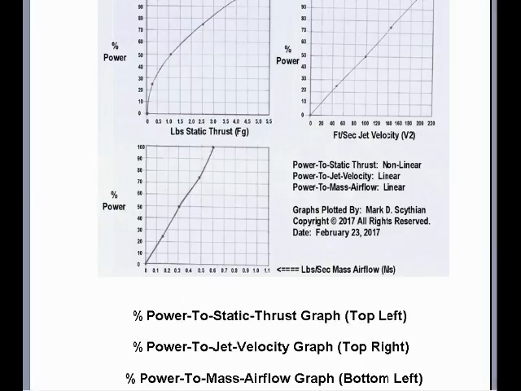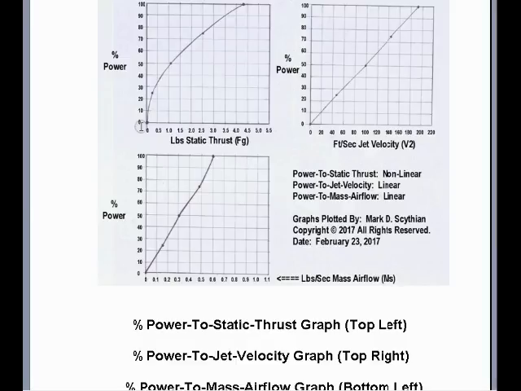So if we look at the first graph here, on the x-axis we have increments of static thrust at 0.5 pounds going up to 5.5, and on the y-axis we have increments of percentage power in 10% increments going from 0 up to 100. So if we graph all the different points, you can see it's not exactly a linear relationship due to the fact that the square of the velocity is exponential on airflow.